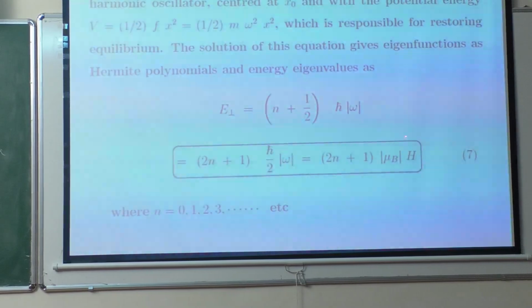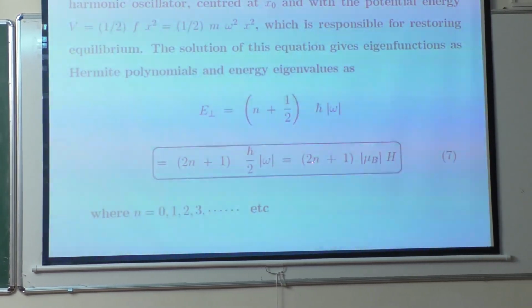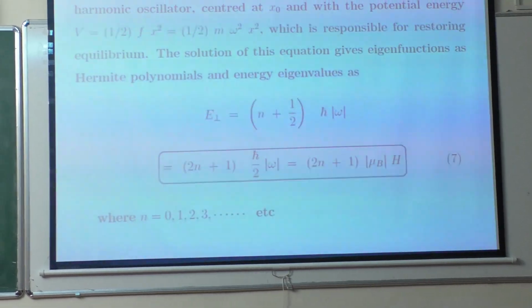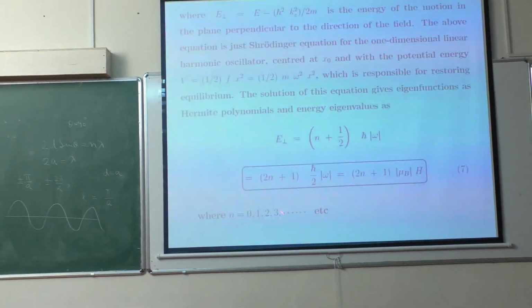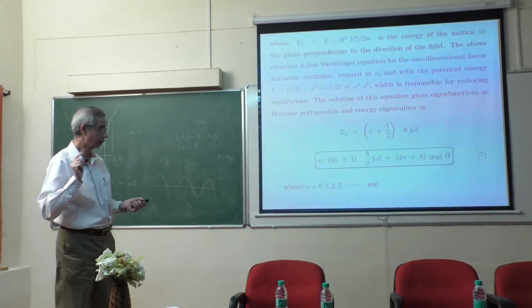Okay, so you will get this now. The energy is E perpendicular. Remember that this is the energy of the motion in the plane perpendicular to the direction of the field. That's a very important thing. I'll come to that later on. Here n can have integer values: 0, 1, 2, 3.